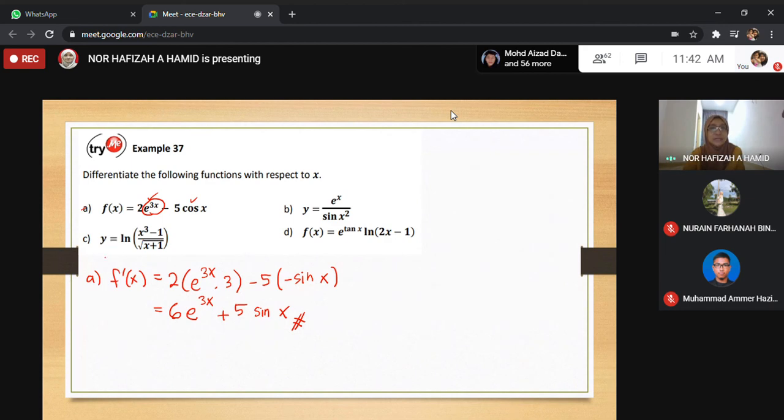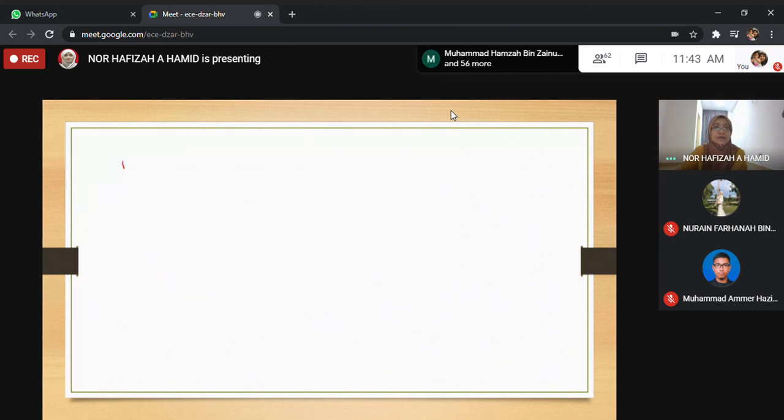Okay, next for B. Okay, so B ni is for you solve using quotient rules buat division. So they combine exponent and trigonometry. Okay, so for B you have y equal to ex over with sine x squared. Okay, so u is ex and denominator is v.